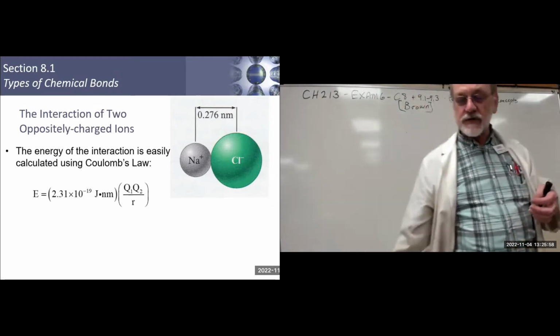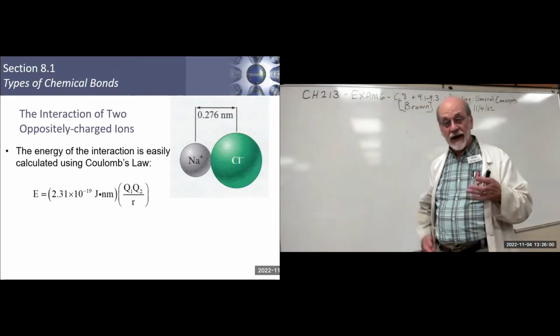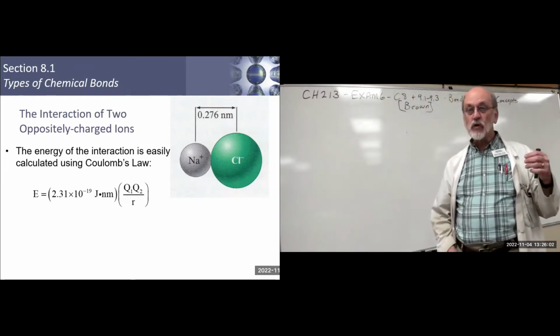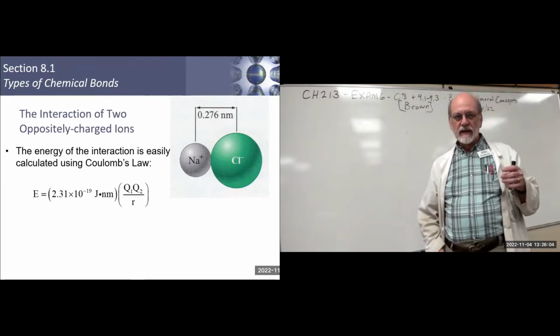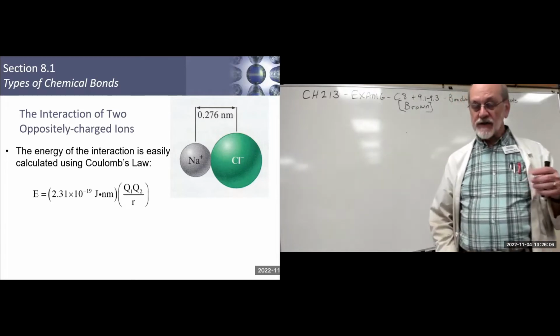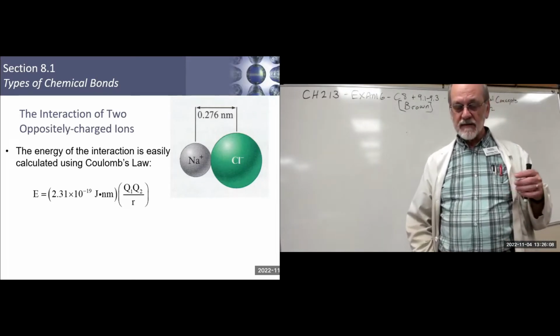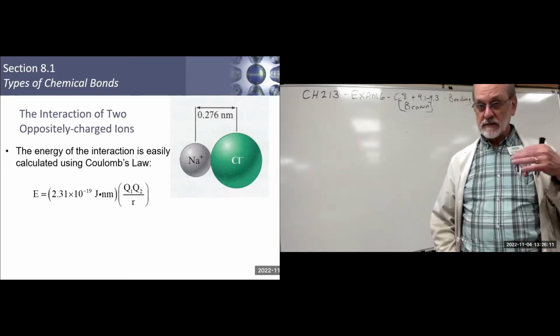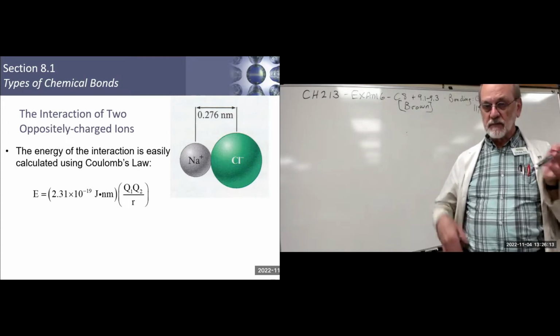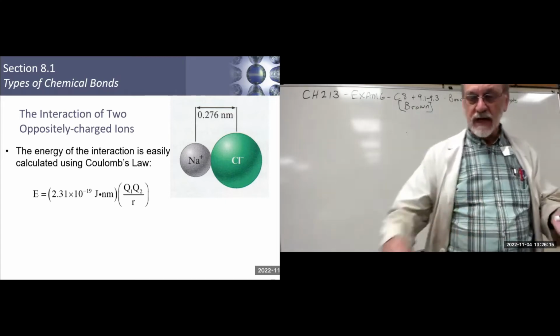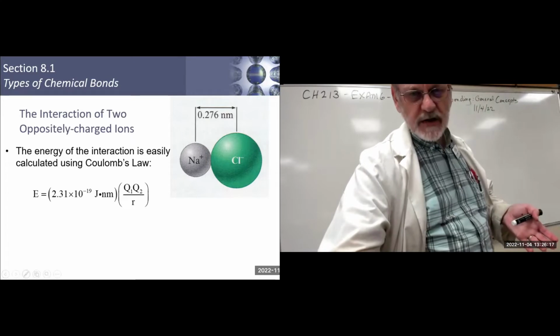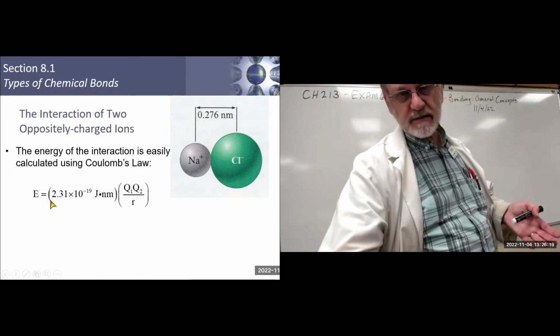And this law was proposed and verified by Coulomb. And all it says is that the energy difference between before and after the reaction can be calculated using this constant, right?